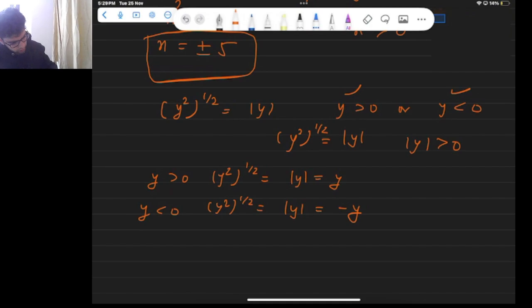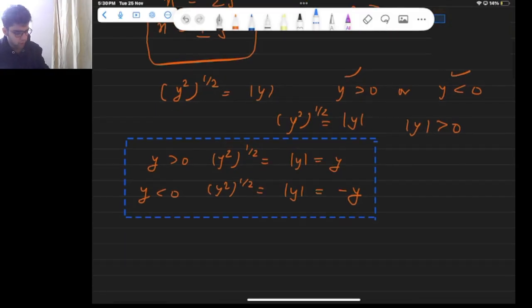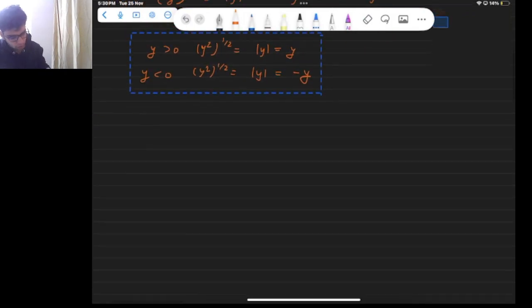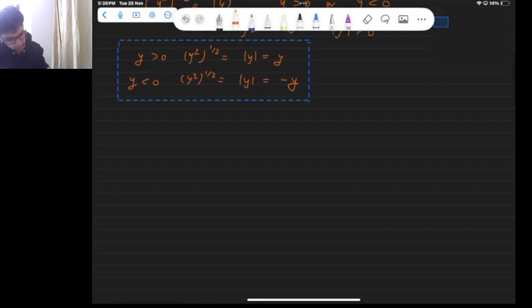So if I just draw a box here, this is the box that we'll be referring to, right? So this is y. Sorry for my handwriting. Right here. So let's just move now. So this box is our reference point.